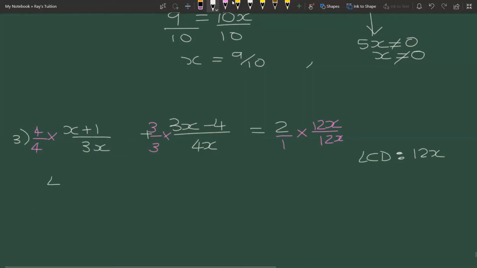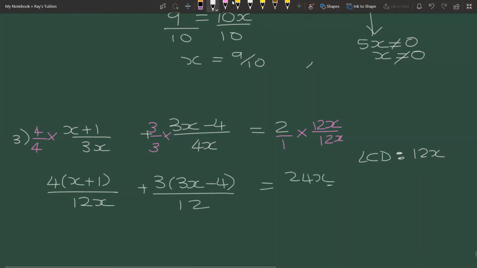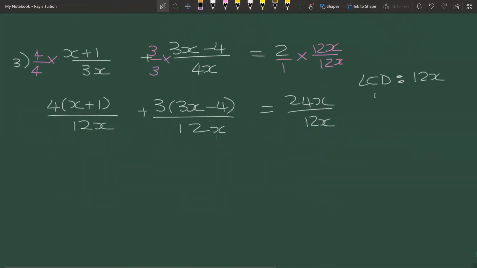Doing the multiplication, we get 4 times x plus 1 over 12x, plus 3 times 3x minus 4 over 12x is equal to 24x over 12x. So now the denominators are the same, we can work with just the numerators.